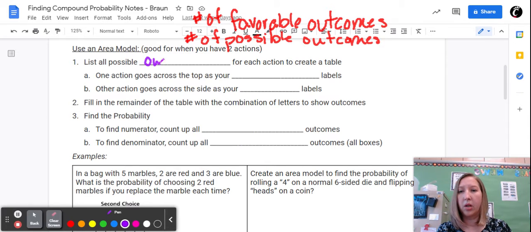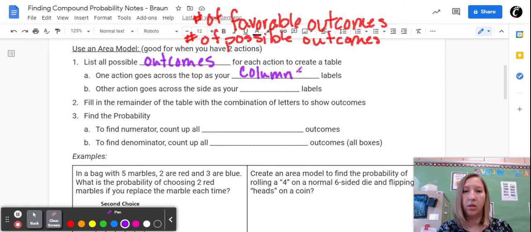So we're going to fill in outcomes here. Okay, so to do that, one action goes across the top as your columns label. And the other action goes across the side as your rows label. So you're basically going to set up a table, and we're going to fill those in. We'll fill in the remainder of the table with the combination of letters and or numbers to show outcomes.